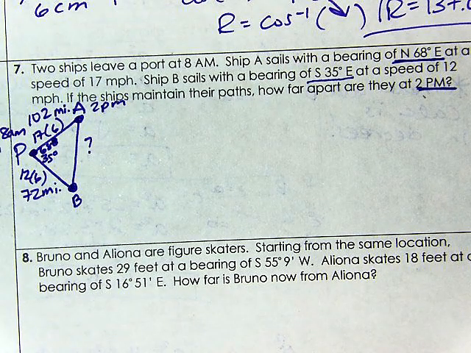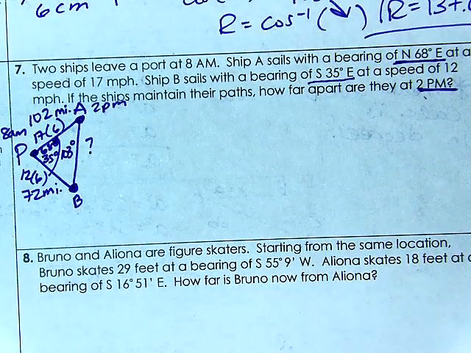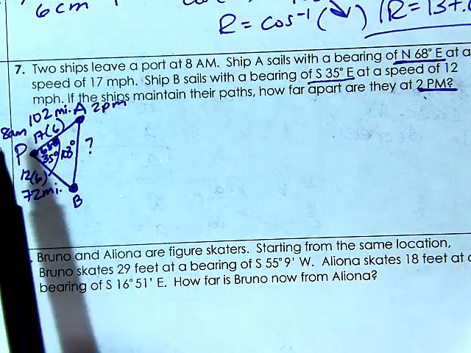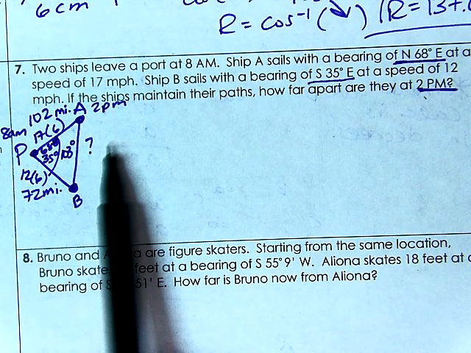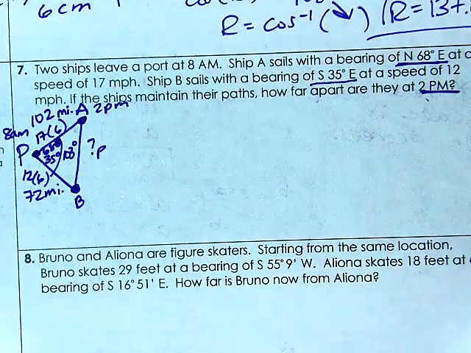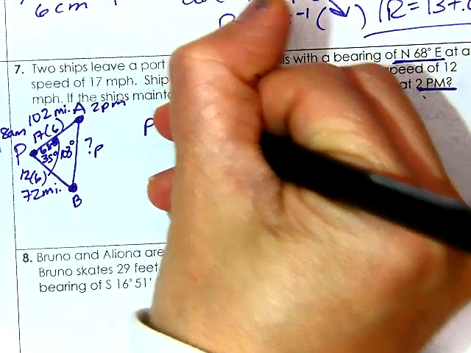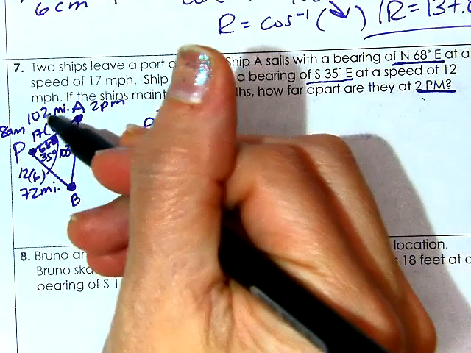So when I type that in, I get that that whole angle is 103 degrees. Okay, so now I know side, angle, side, and I can solve for this missing side. So I'm going to say, if that's P, let's say little p. So P squared equals the other two sides squared.